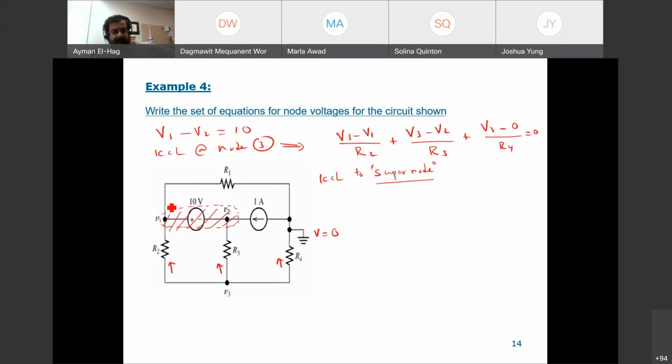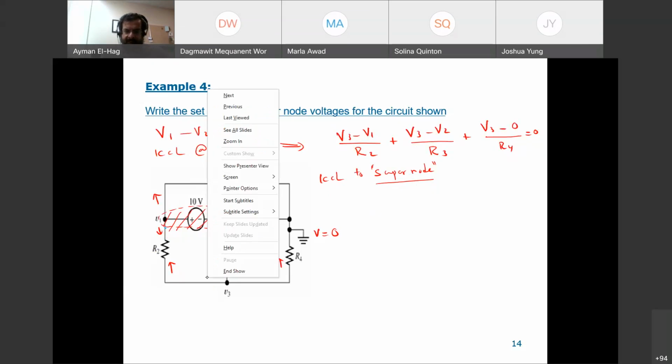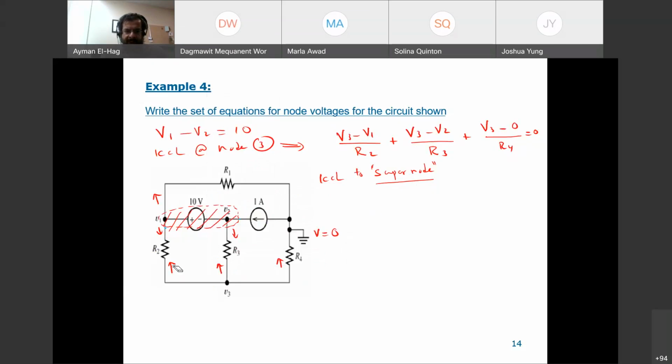So assume currents are leaving. So this has two branches, one here, one there. And this has two branches as well, one here. And this is given, I cannot touch it. So let's take this current that goes down. Let me just remove these currents to avoid any confusion here.